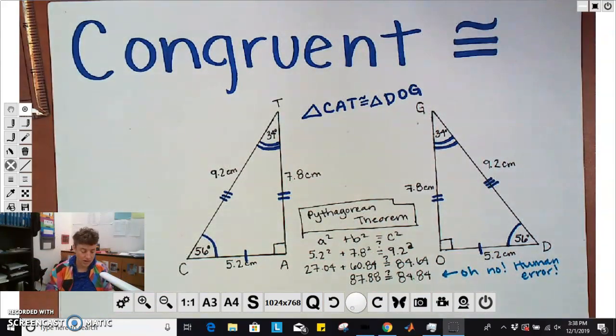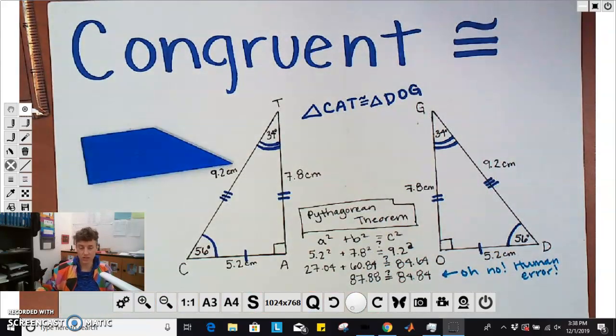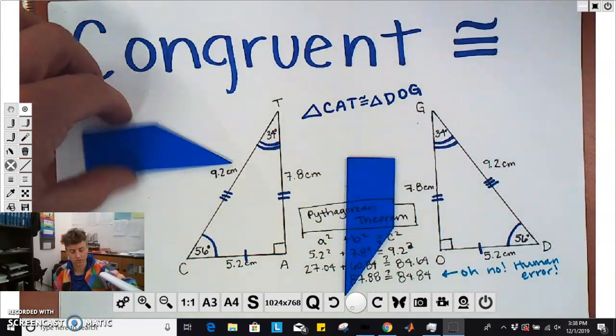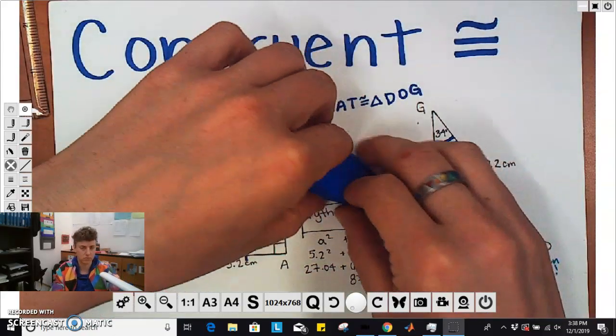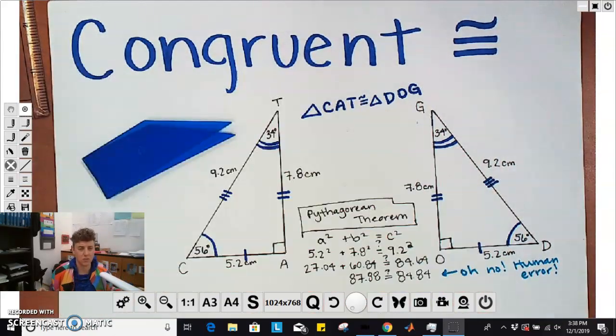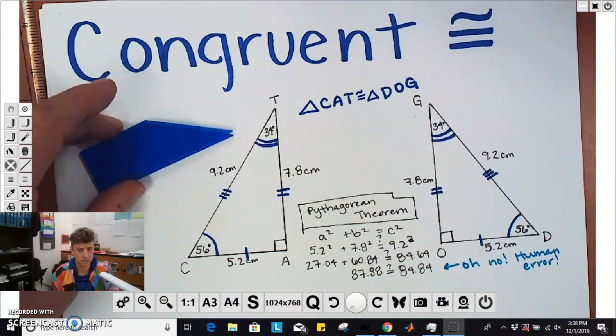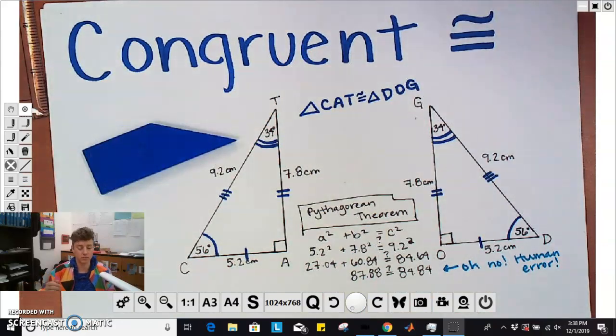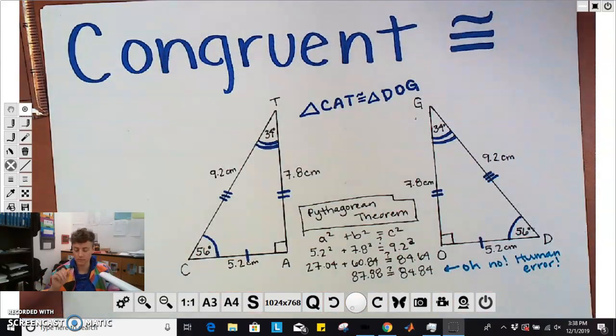Works for literally every type of shape. You put them together, they match up. Doesn't matter how they were oriented at the beginning. Match up, and they're congruent. We're going to use that in the next bit.